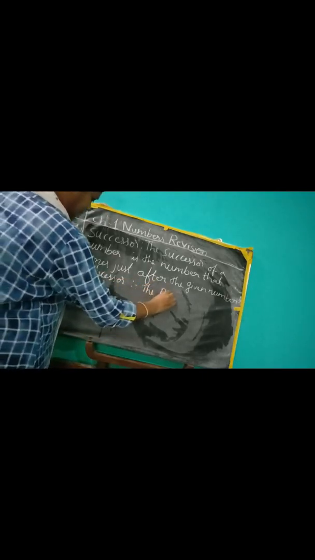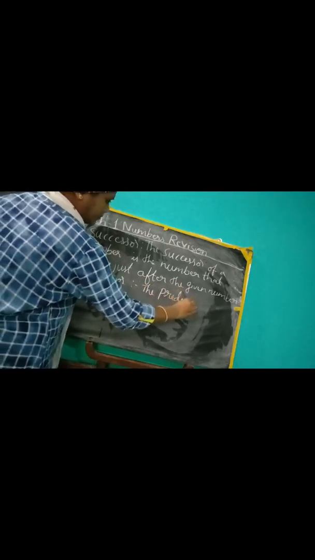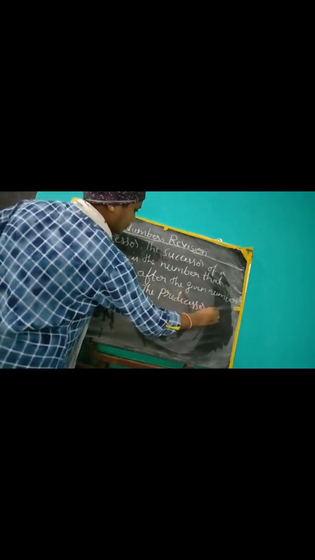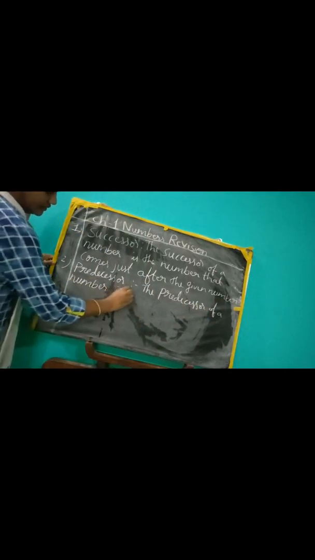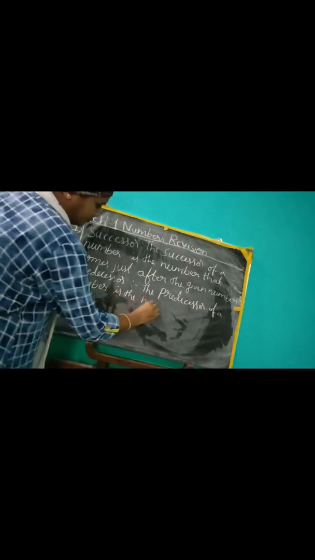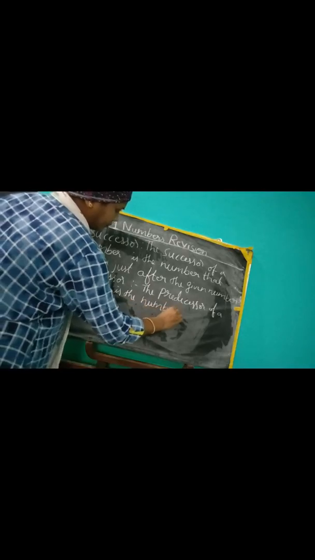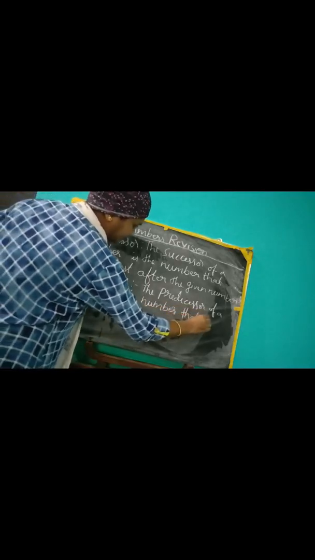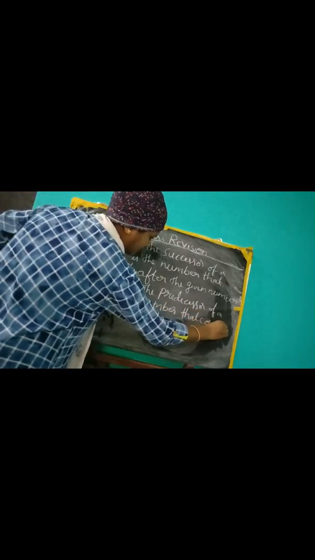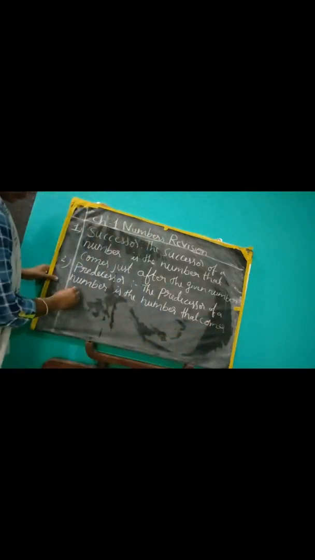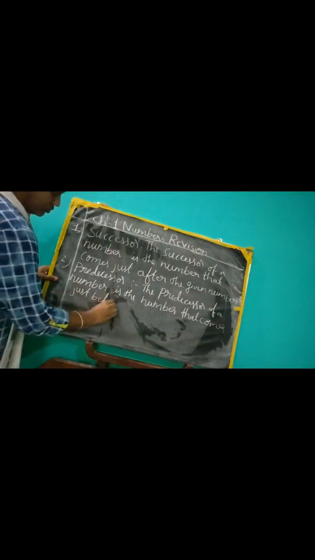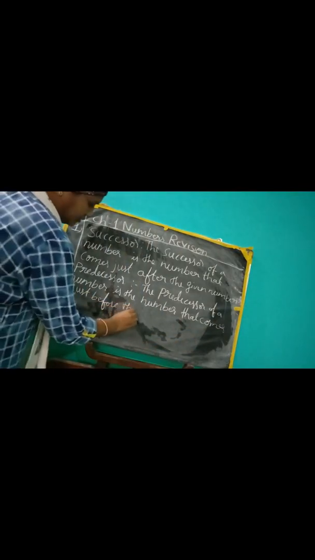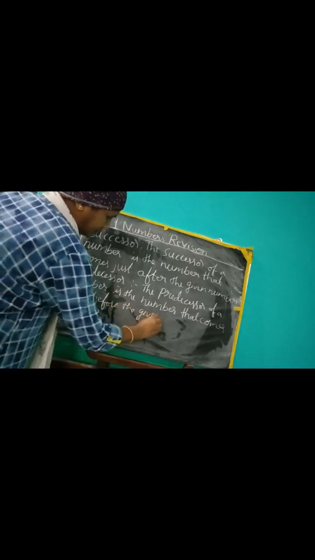The predecessor of a number is the number that comes just before the given number.